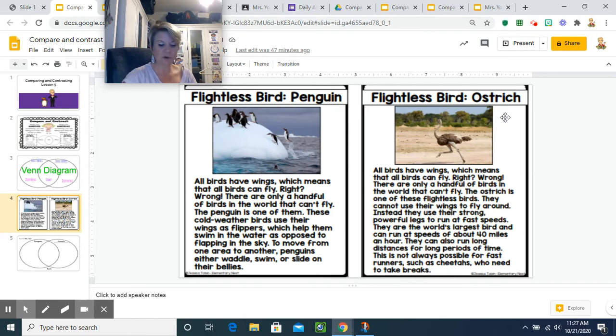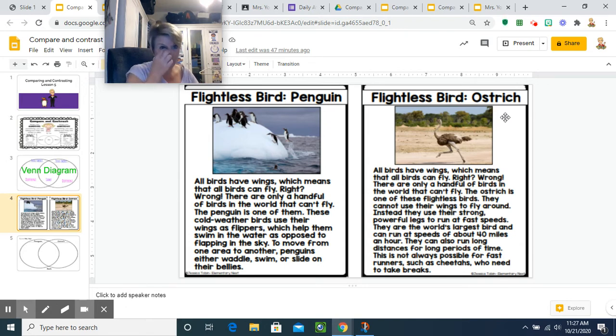Instead, they use their strong, powerful legs to run at fast speeds. They are the world's largest bird and can run at speeds of about 40 miles an hour. They can also run long distances for long periods of time. This is not always possible for fast runners, such as cheetahs, who need to take breaks.